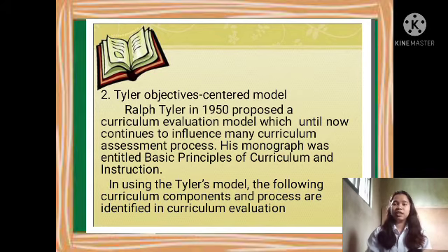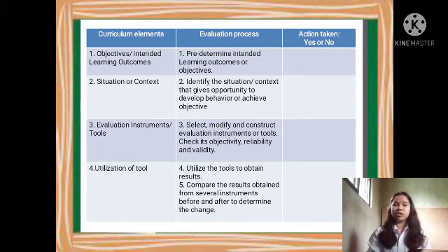In using Tyler's model, the following curriculum components and processes are identified in curriculum evaluation. Looking at the table, the first column is curriculum elements, the second is evaluation processes, and the third column is action taken, answered with yes or no.